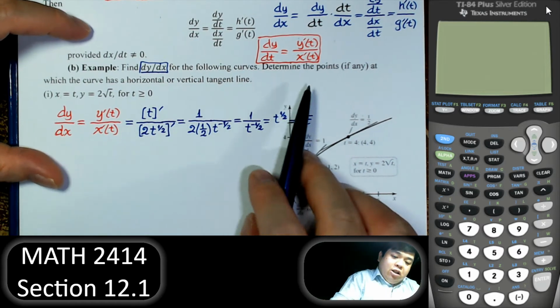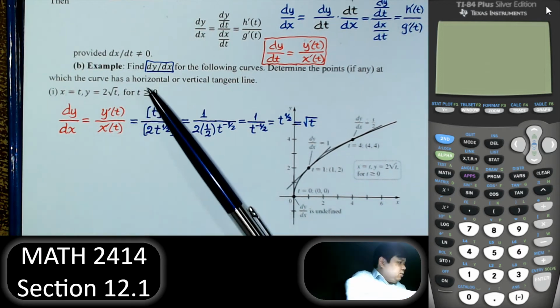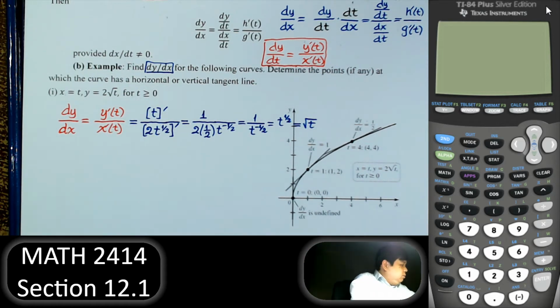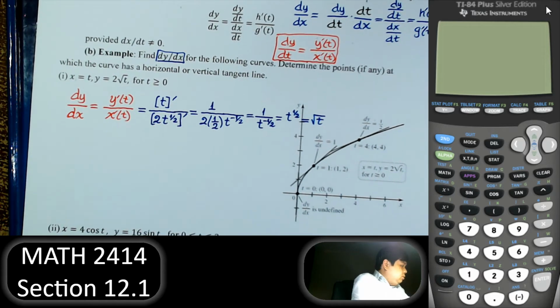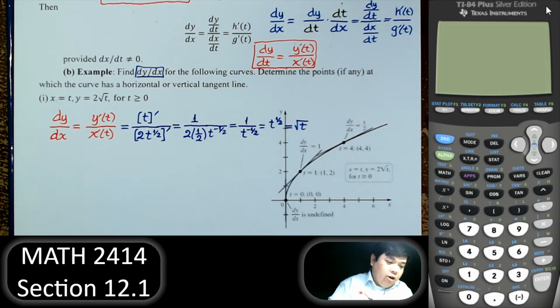Next, determine the point at which the curve has the horizontal and the vertical tangent line. And actually, sorry, I did this completely wrong.